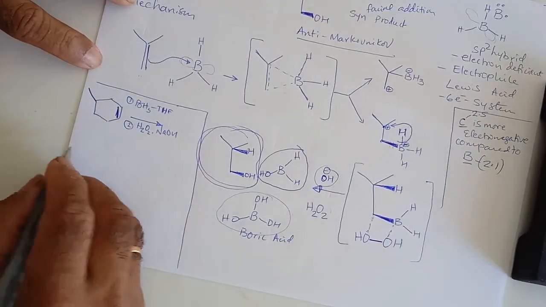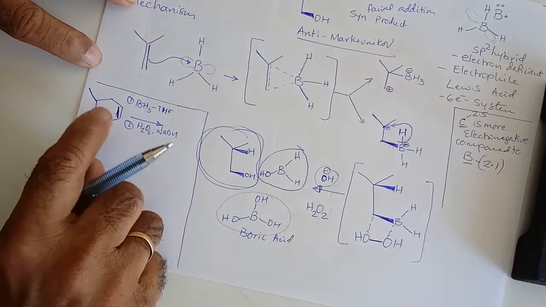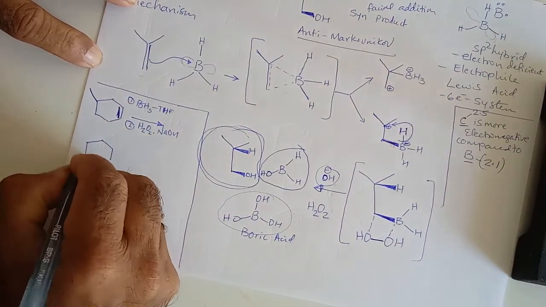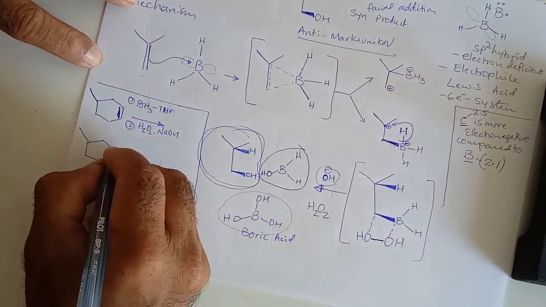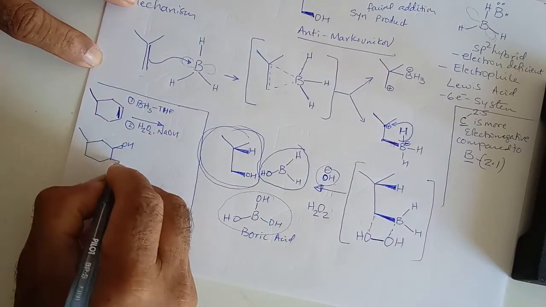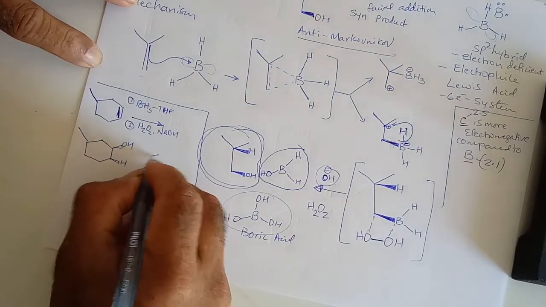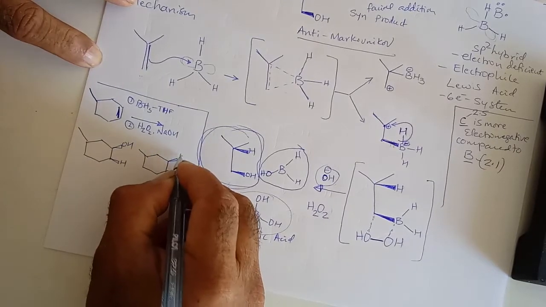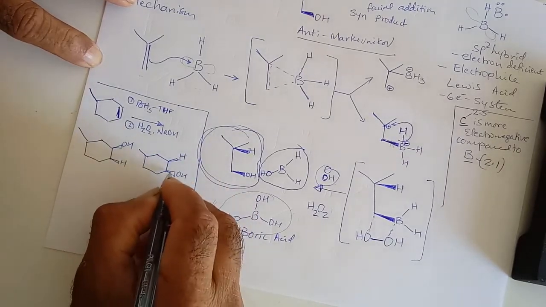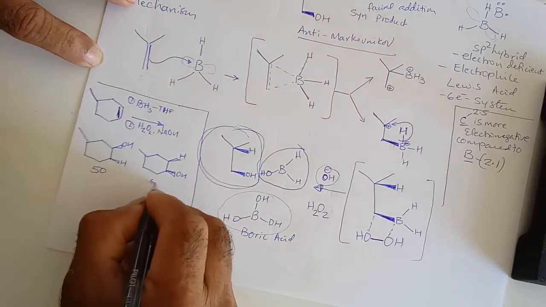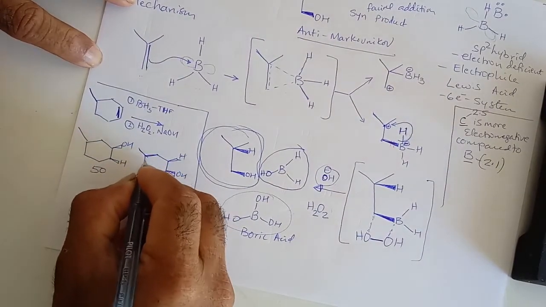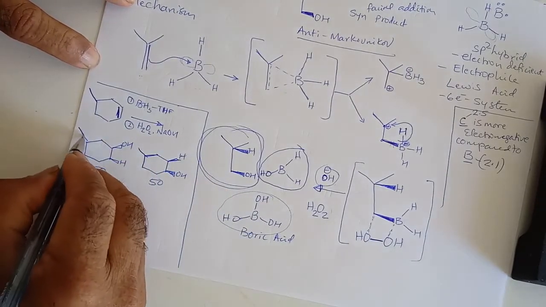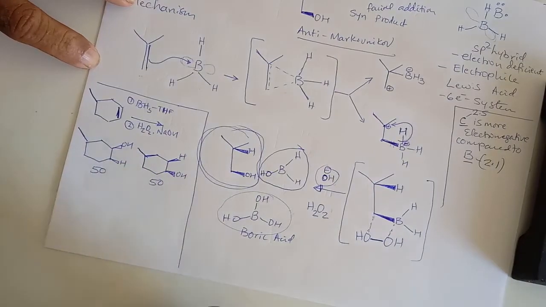Now, what happens in this case? Since there is no regioselection, we should be getting two products. We should be getting an OH here, H here, and H here, OH here, 50-50. There is no reason why one of them is more favorable than the other one. By having that methyl group, these two became different.